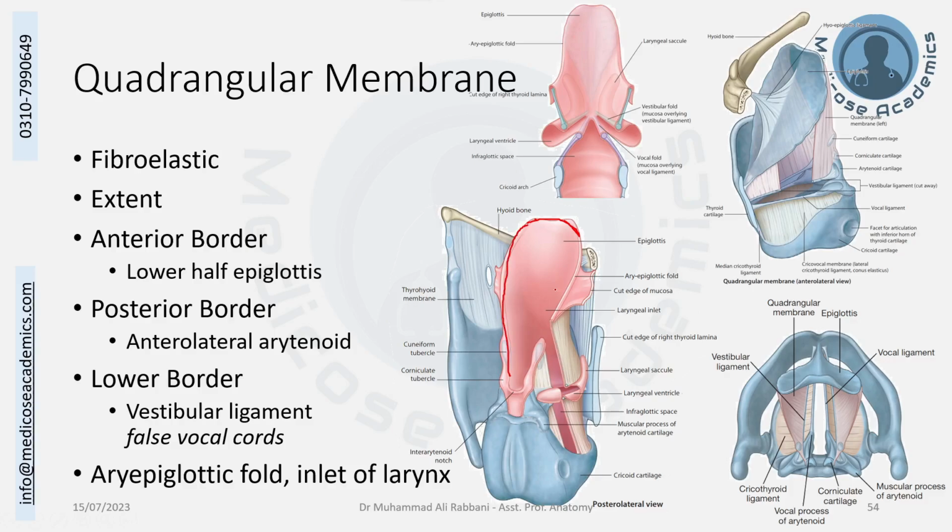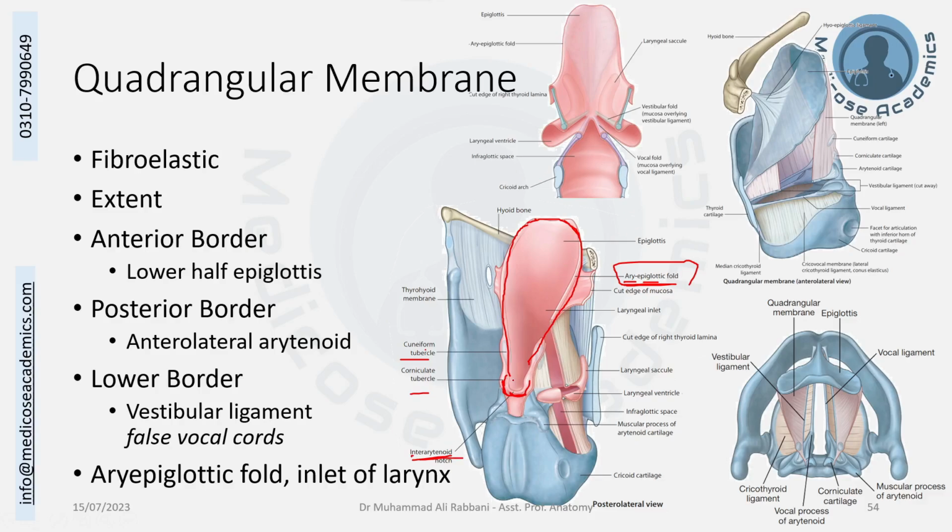Anteriorly, the epiglottis, and on the aspect of the mucosa covering the quadrangular membrane, that is known as the aryepiglottic fold. Between the aryepiglottic folds are the tips of the arytenoids, including both the cuneiform and corniculate tubercles, and then there is a mucosa joining both of the arytenoids, that is the interarytenoid notch.